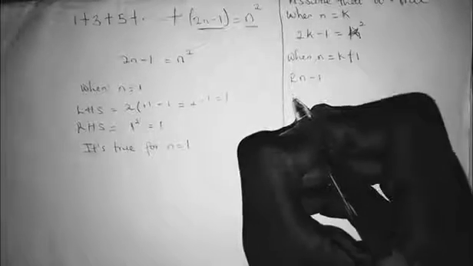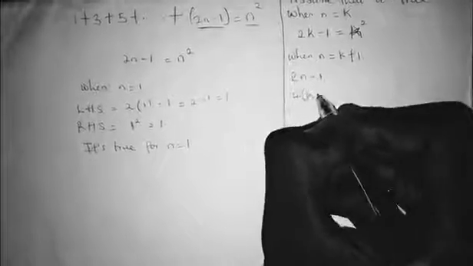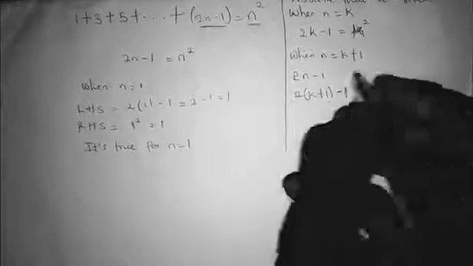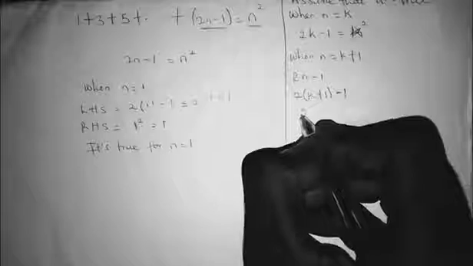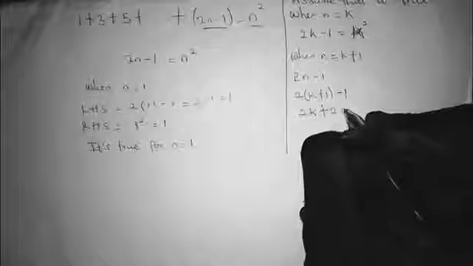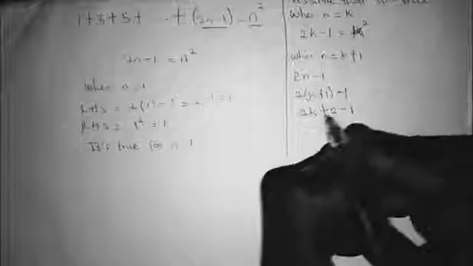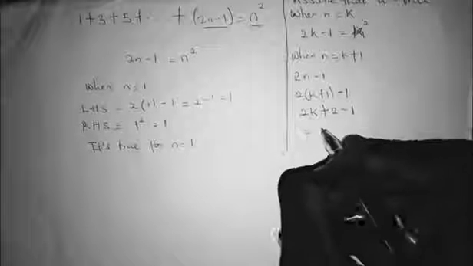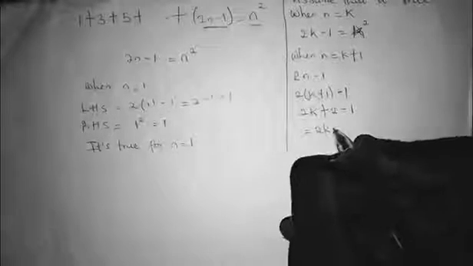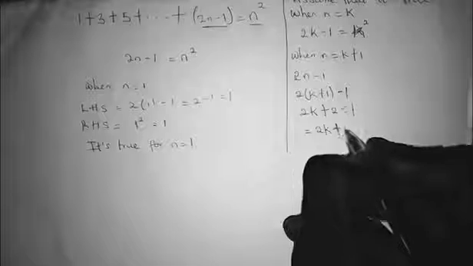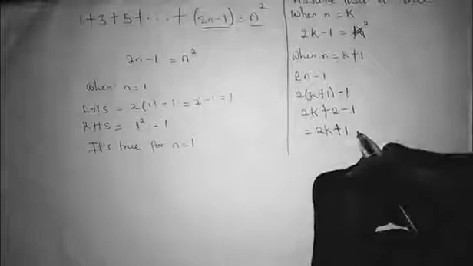If you put k plus 1 here, that will be 2 open bracket k plus 1 minus 1, and that will give you 2k plus 2 minus 1. So that will give us 2k plus 1. Let me call this one equation 1.